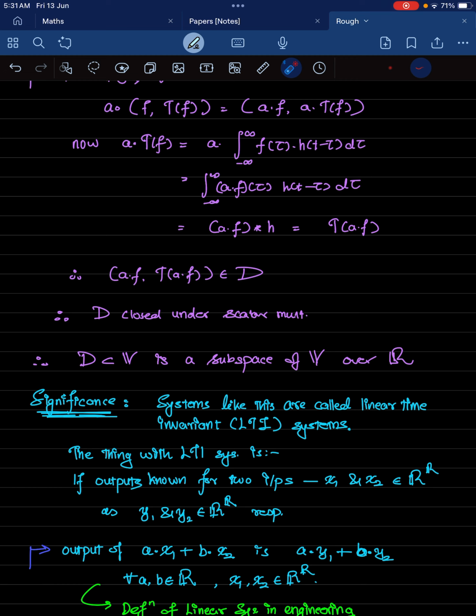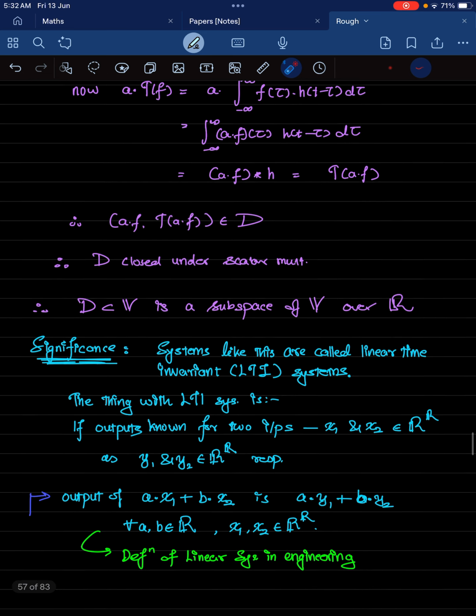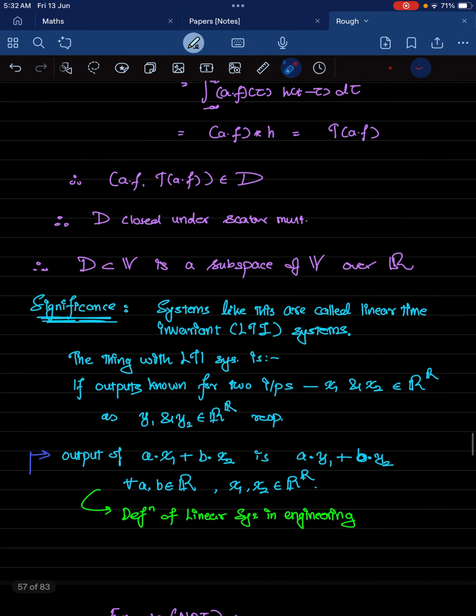People who want to know what this is can search it up on Wikipedia or any textbook about signals and systems. Actually, this is a very common term in engineering. It's called a linear time invariant system. So it is actually a very special type of system.